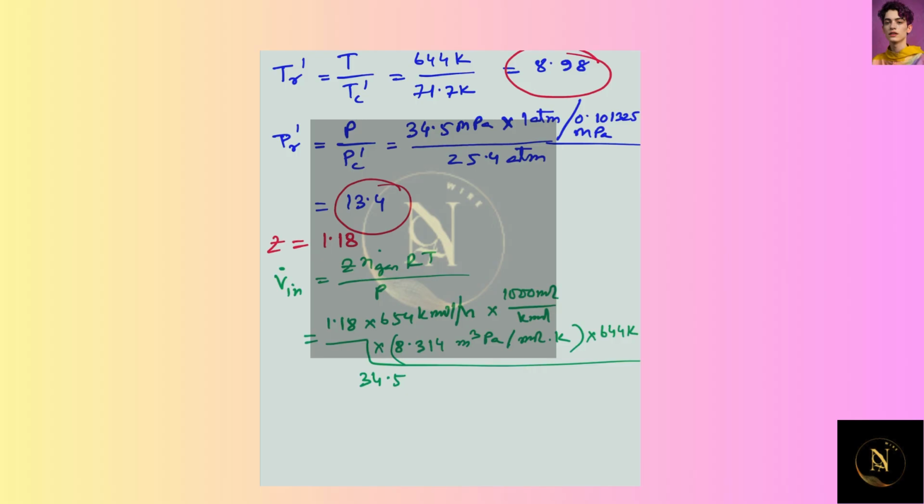The pressure of the system is 34.5 megapascal. Let's convert it to Pascal by multiplying by 10 to the power 6. Therefore, we get the volume of gas necessary is 120 meter cube per hour.